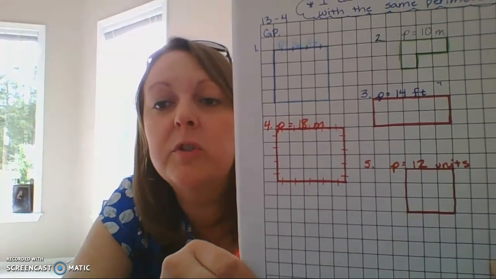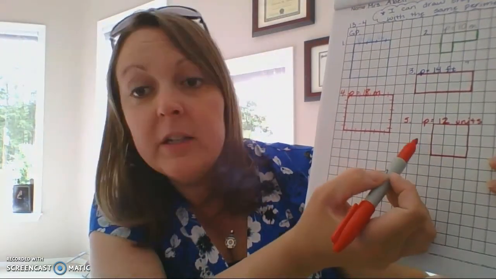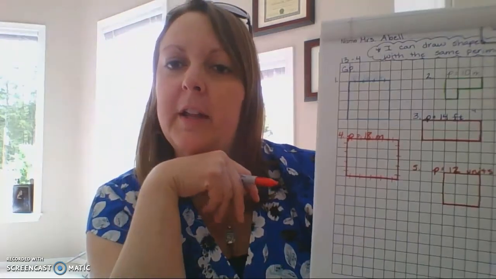I'm going to do 3 plus 3 because I want to draw a square today. So if I go 3 over the top, 1, 2, 3, and 3 spaces down the side, then I can just close up my square and I have a shape with a perimeter of 12 units because it's 3, 6, 9, 12, and there it is.